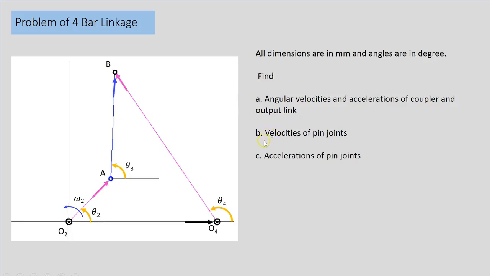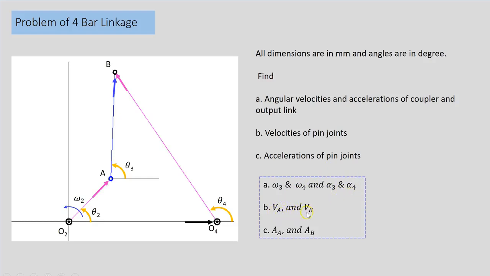In other words, you are asked to find omega 3 and omega 4, which are the angular velocities of link 3 and link 4, and alpha 3 and alpha 4, which are the angular accelerations of links 3 and 4.